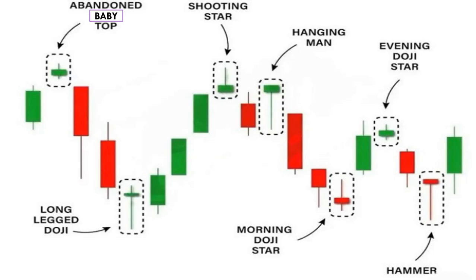Okay, let's think of an example. Let's say you release a balloon which is filled with air. Whenever you release a balloon filled with air, it will go up very fast. But as we all know, the balloon will lose the air after some time. Once it loses the air, it will come down quickly. And the same thing happens with the stock price.